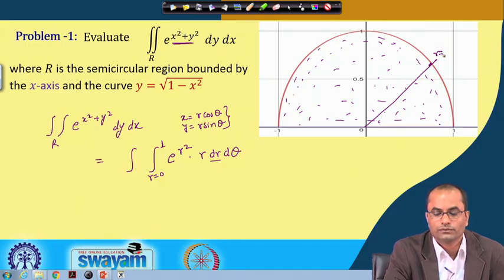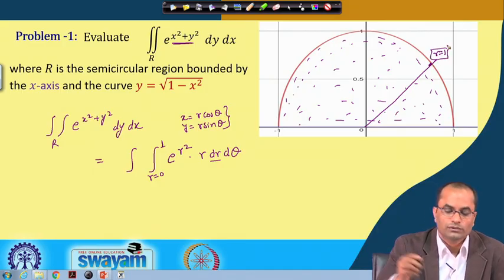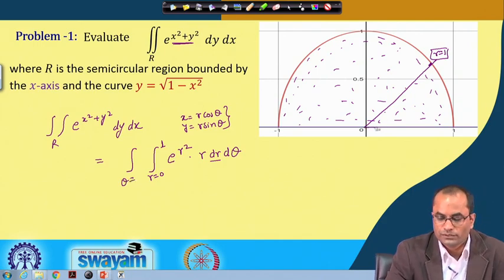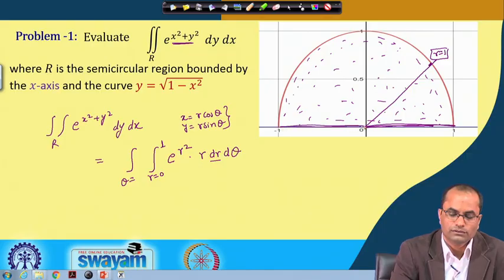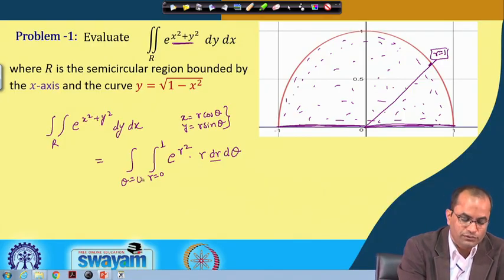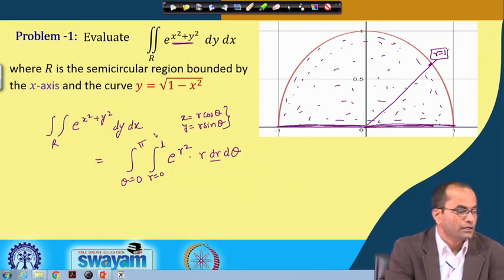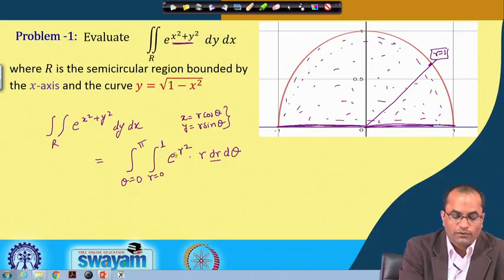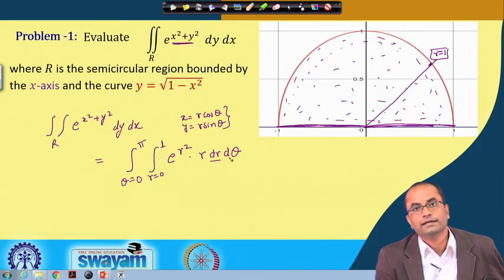This is r is equal to 1. So, r is moving from 0 to 1 and theta is going from, so, this is theta is equal to 0, and then we will reach to this part here by theta is equal to pi. So, theta from 0 to pi and r is 0 to 1, e power r square and r dr d theta.